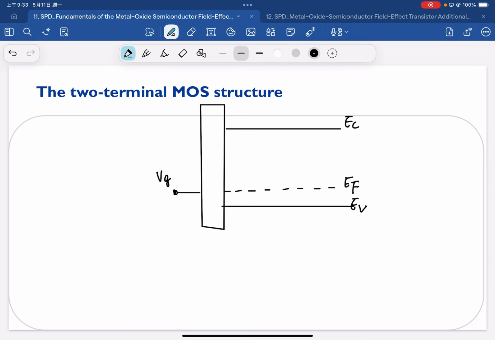Based on the name, it means the energy band is flat.